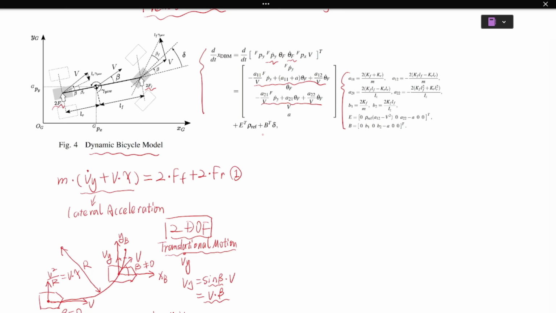Okay. Next, the FF equals KF times delta minus Vy plus LF times gamma over V. Here, KF is tire cornering stiffness.